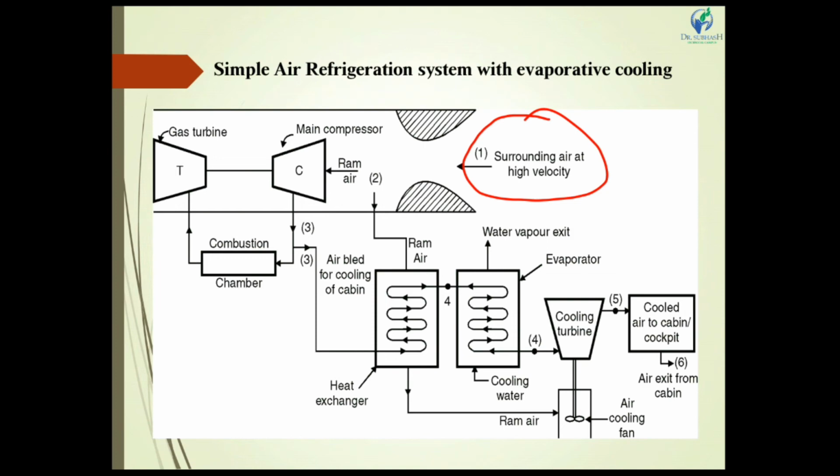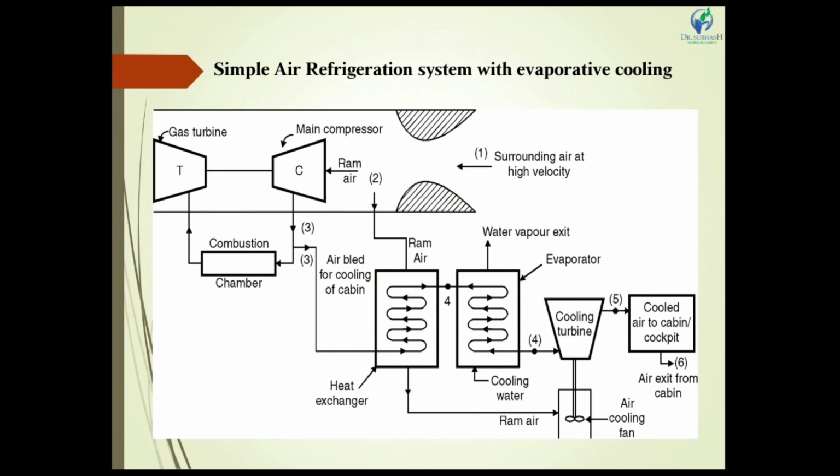This air passes through the main compressor, then to the heat exchanger. Here the remaining ram air is passed to cool down the cooling space air.